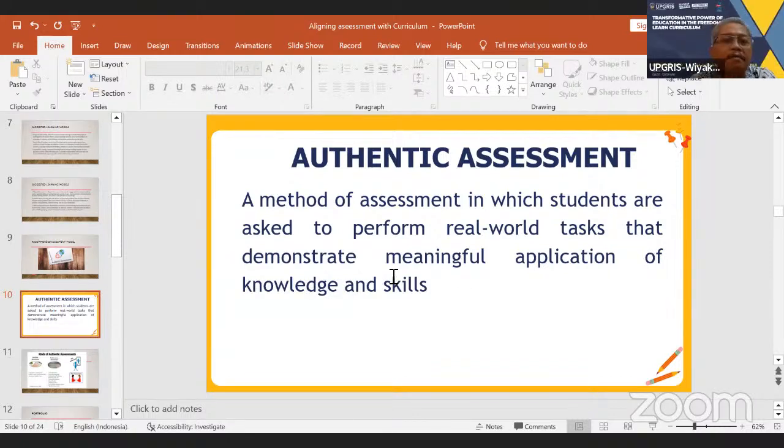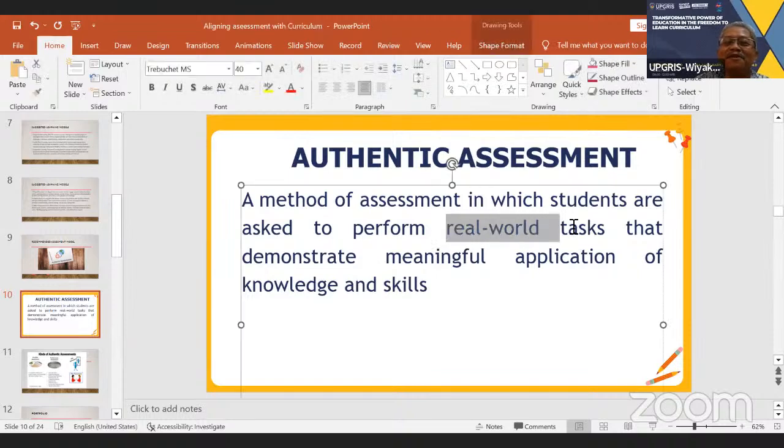Method of assessment in which students are asked to perform real-world tasks that demonstrate meaningful application of knowledge and skills. So the very sexy word is real-world tasks. Real-world tasks right here.